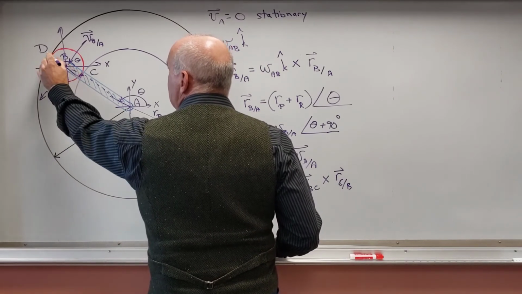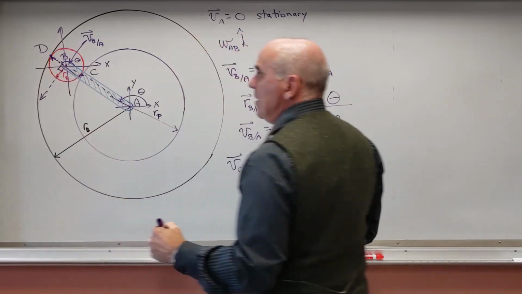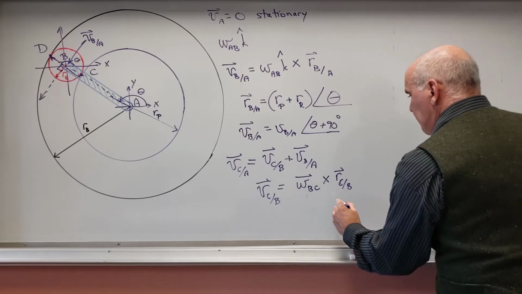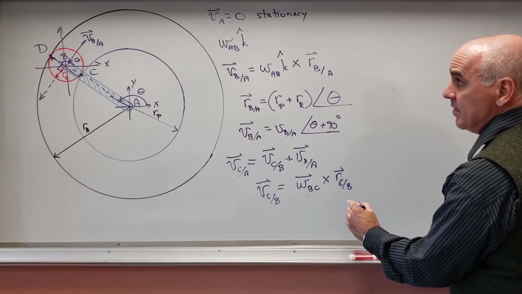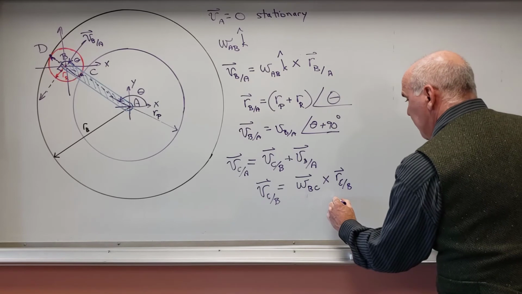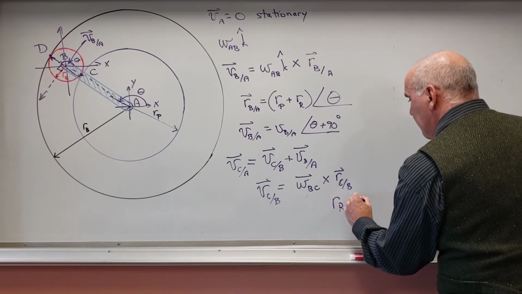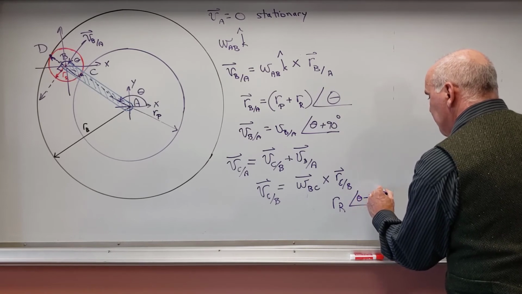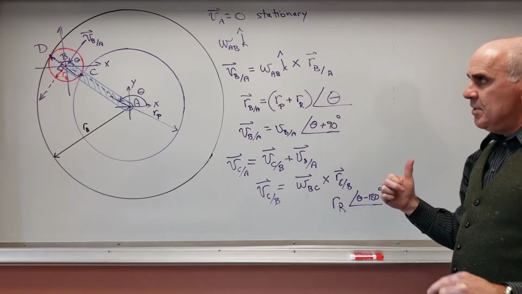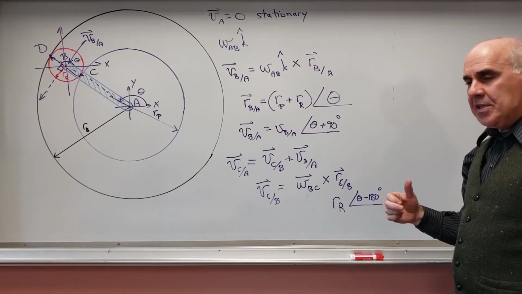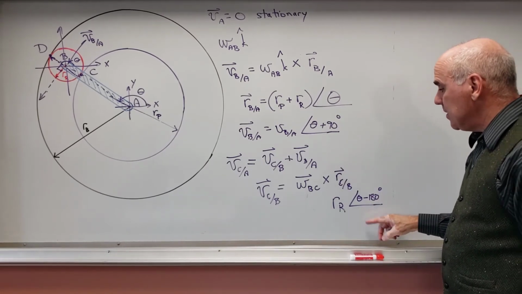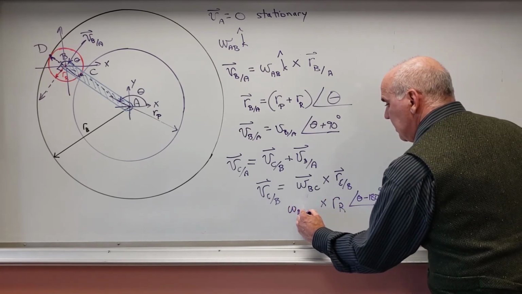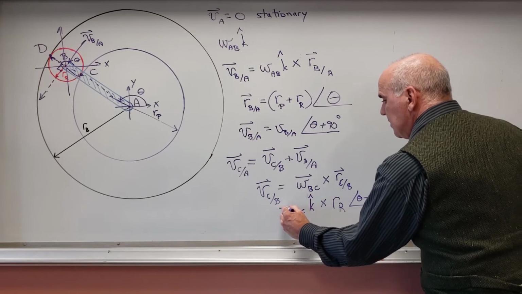Coming out there, that was the angle theta, so this is going to be theta minus 180 degrees because it's pointing in towards the center. So this is the radius of C with respect to B, that's R sub red, at an angle of theta minus 180 degrees because it's coming into the center. It's exactly 180 degrees in the opposite direction. And then this is just going to be some omega BC in the k hat direction.